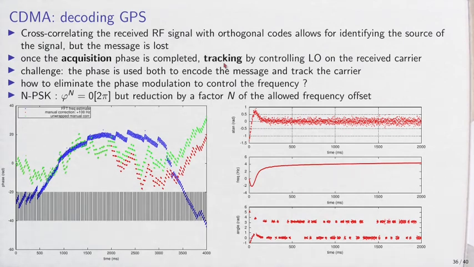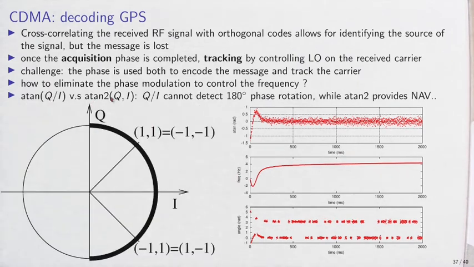So once you know which satellite is located at which Doppler shift, you replace the brute force approach with a phase-locked loop. The phase-locked loop will track the phase that was identified after the coarse analysis of the Doppler shift, and this time we replace the arctangent function of Q over I with arctangent 2 of Q and I, which remembers the sign of individual Q and I. If you take arctangent of Q over I, you see that positive divided by positive is equal to negative divided by negative, or the opposite here.